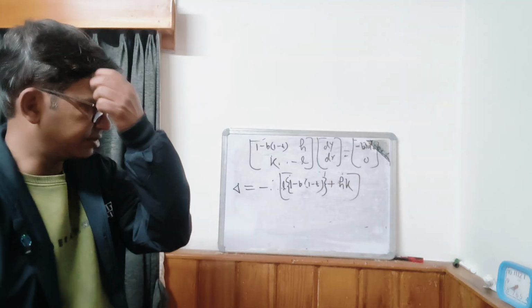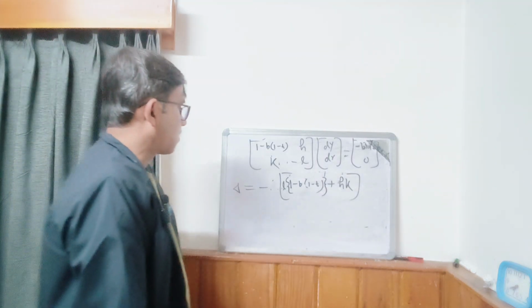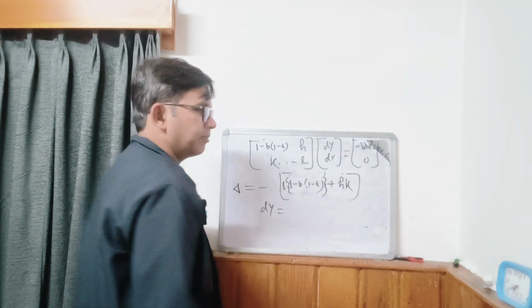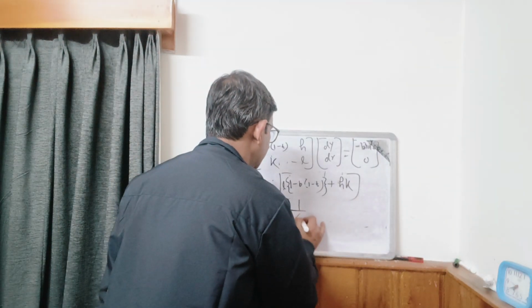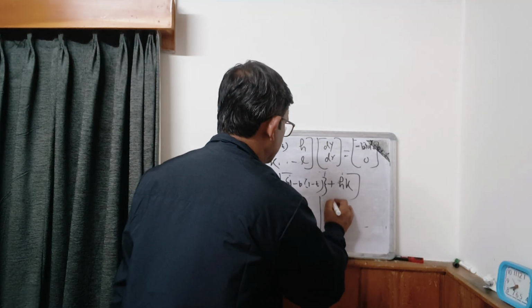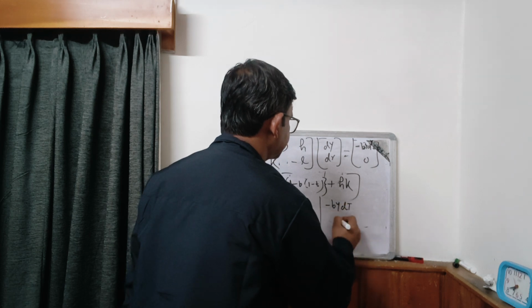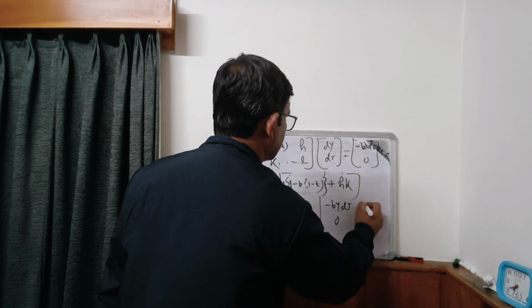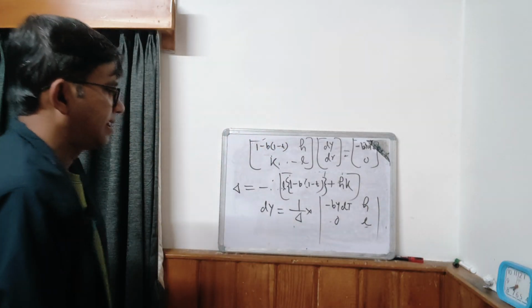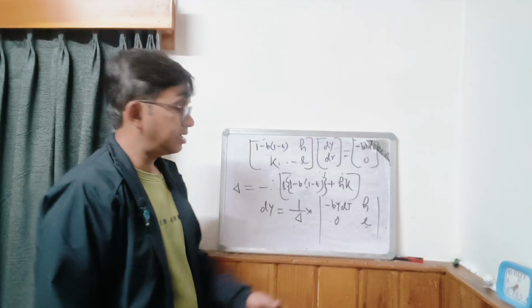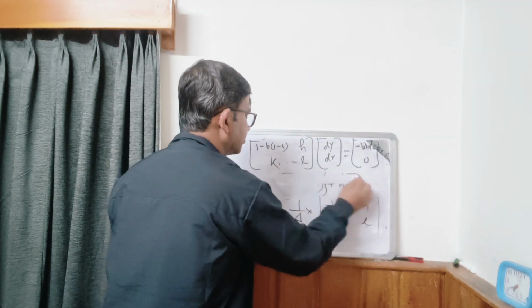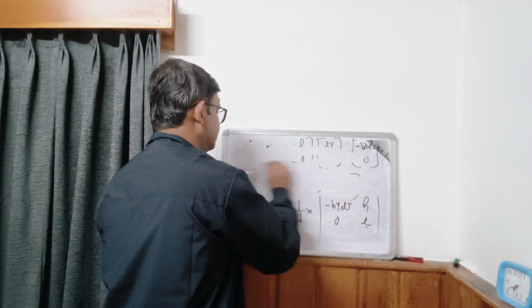Yes, this is the equation now. So what will be the value of dy? We have to use the same process, 1 divided by delta into minus by. This is the value of dy whenever we solve the equation by using Cramer's rule.